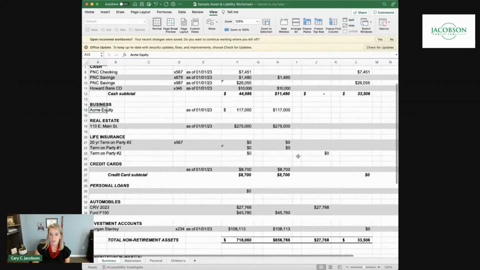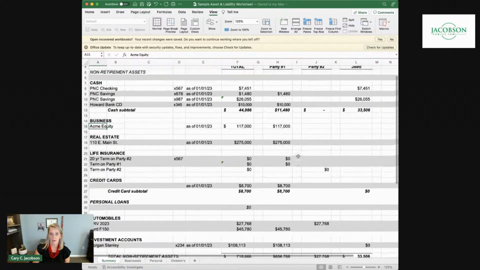In this scenario, the parties have a home, and the home in this scenario is titled in party one's name. Now, usually we are going to show what the equity is in the home, and so that's where this $275,000 came from.